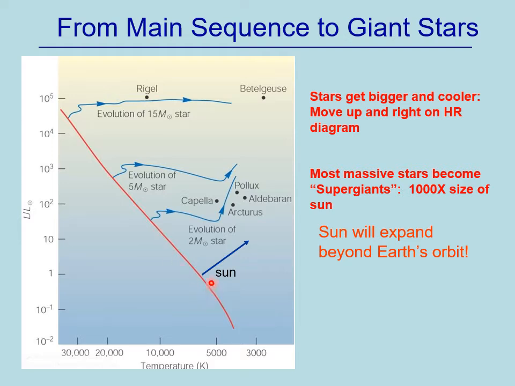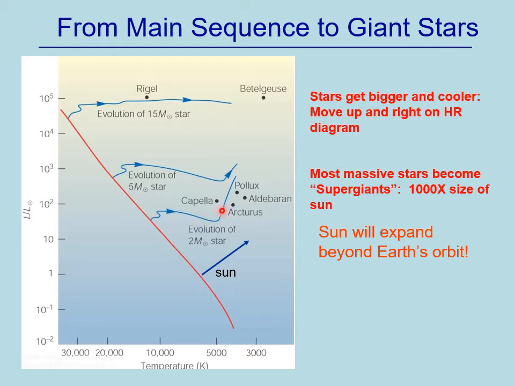So for example, our sun, which is right here, right now, and will be for another 5 billion years, will eventually expand and swell up, and it'll move up and to the right on the HR diagram. It's cooling off, which means it's going to the right to cooler temperatures, but it's also moving up because it's expanding to be so big and it's so hot in the middle that it's giving off more energy, so it's actually brighter. So our sun will end up somewhere over here in the HR diagram.